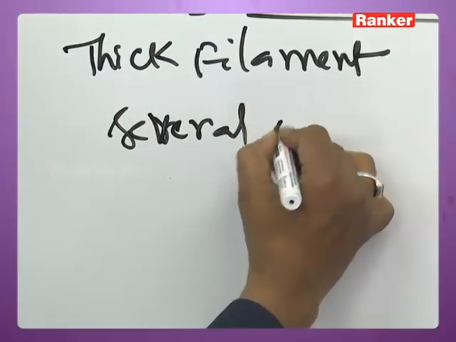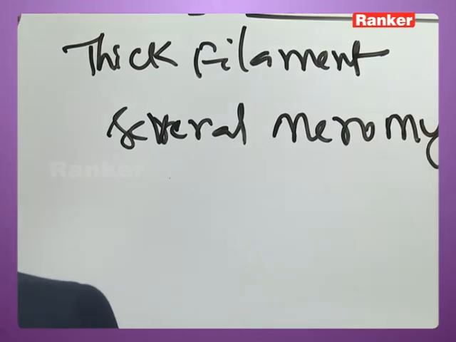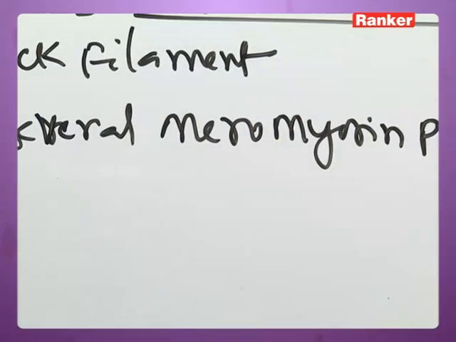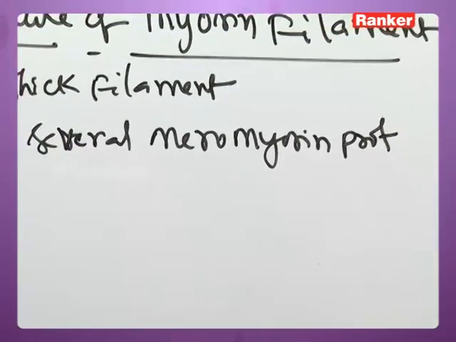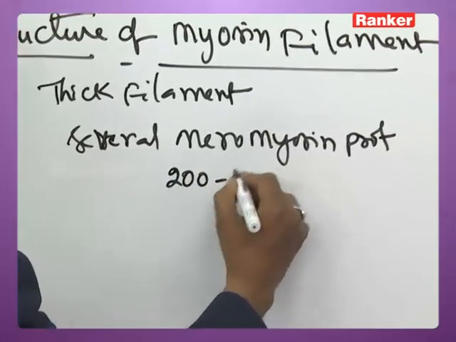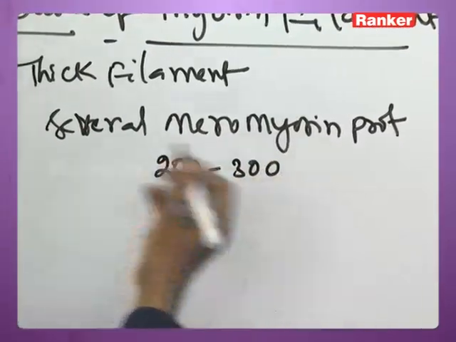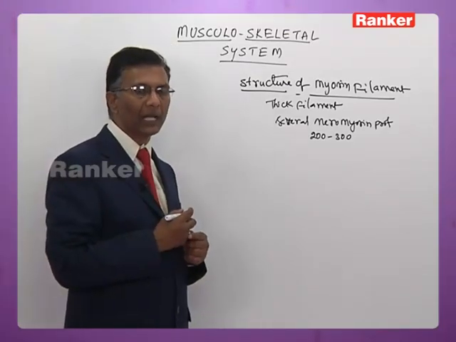Around 200 to 300 meromyosins are there in each thick filament.